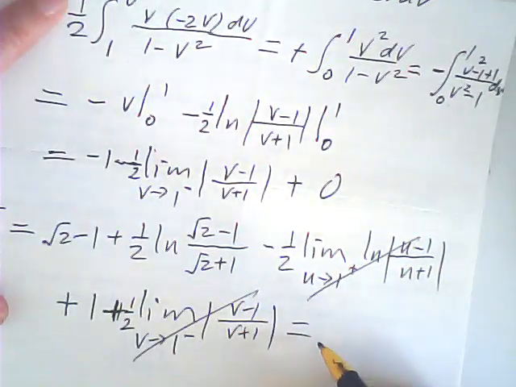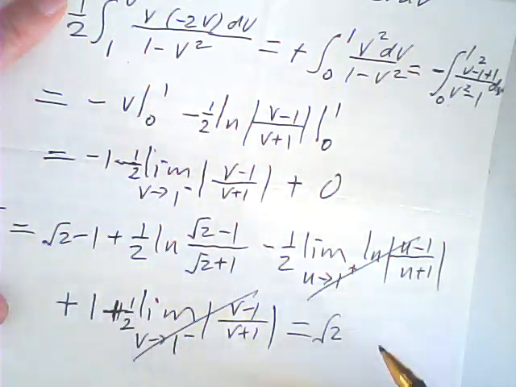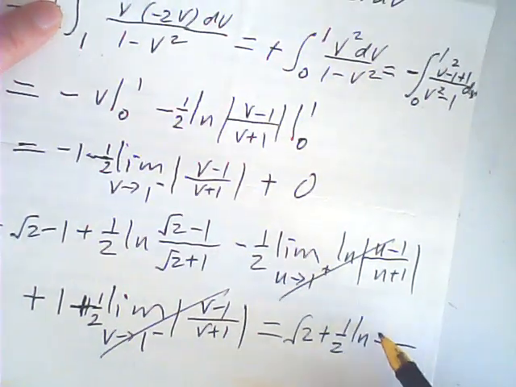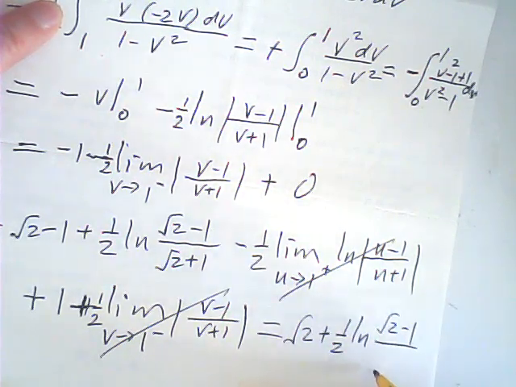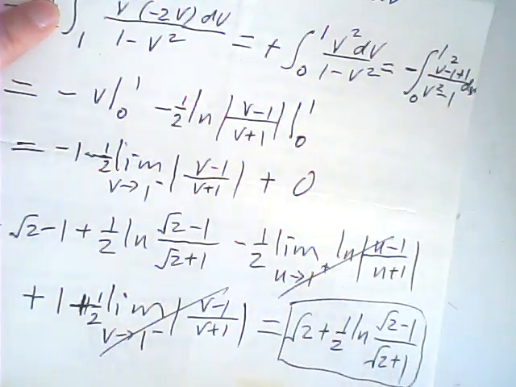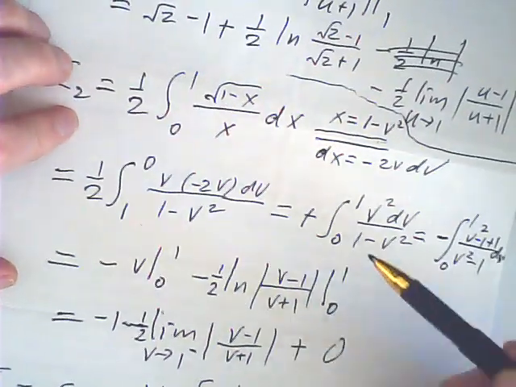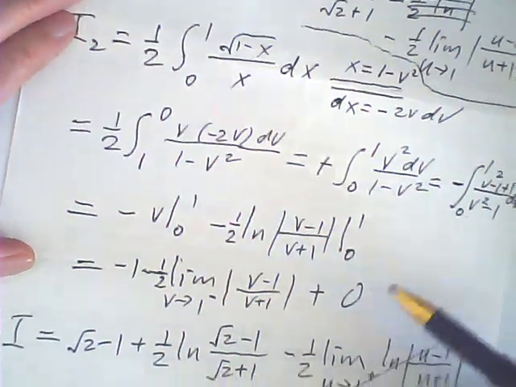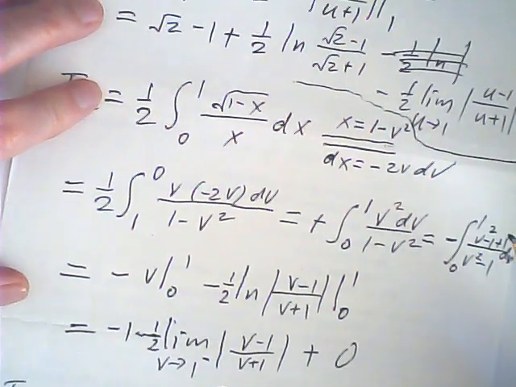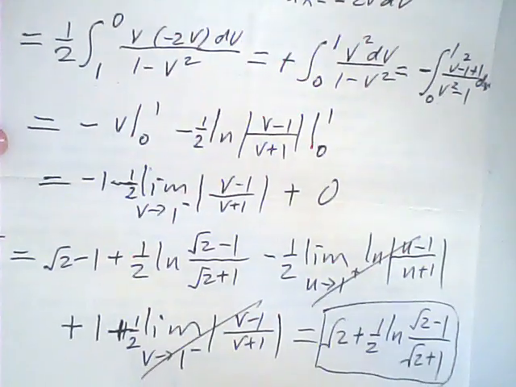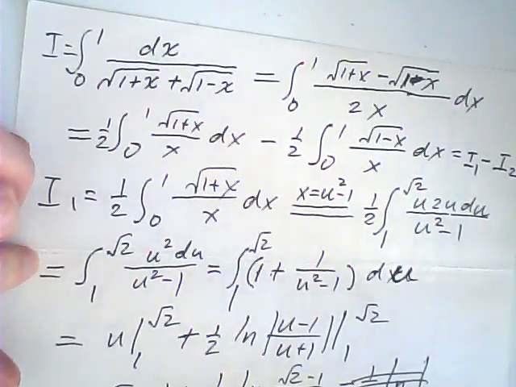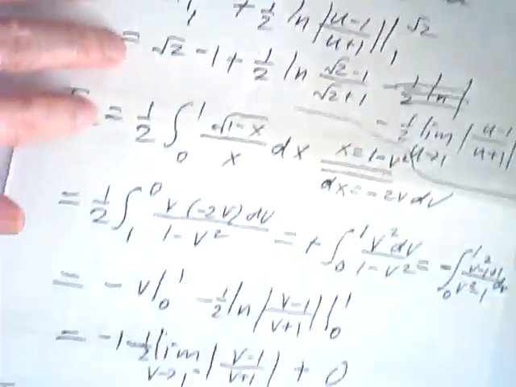Then it ends up with root 2, the 1 cancels out, plus 1/2 natural log of root 2 minus 1 over root 2 plus 1. Yeah, that is the answer for the integral. Excuse me for the messy writing, I think you can trace back. Yeah, I think this is a little easier than the other methods. Thank you for watching.